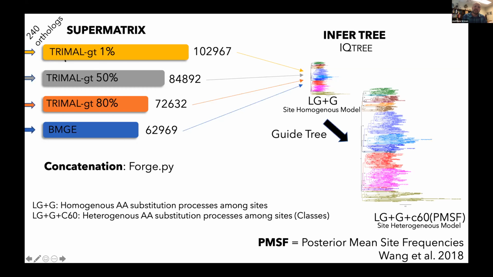And then we use that as a guide tree for a more robust model, such as a site heterogeneous model, which is very commonly used, like LG C60 PMSF, and PMSF is the posterior mean site frequency. So this guide tree allows us to infer a site heterogeneous model, which allows us to look at heterogeneous amino acid substitution processes among the various sites. So these are our classes.